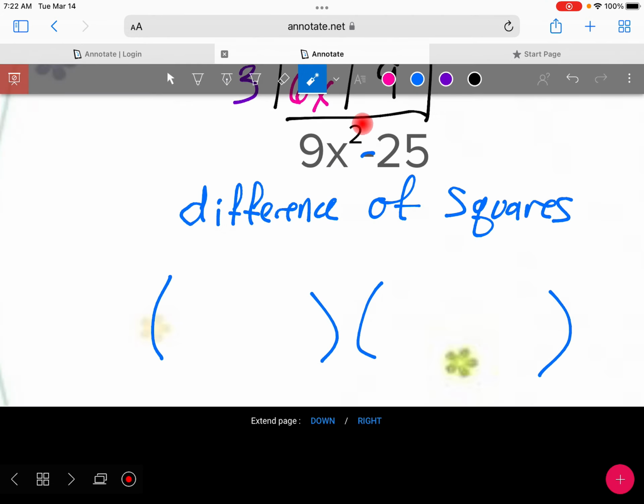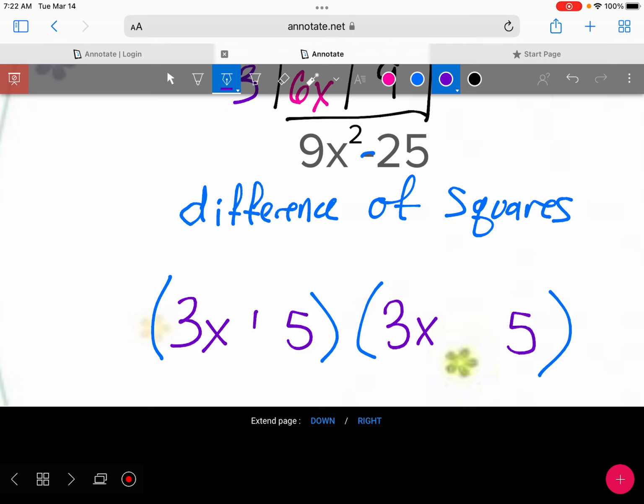What is the square root of 9x squared? 3x. So I can put 3x in the front piece of both of these. What is the square root of 5? 5. We put that one in the back.